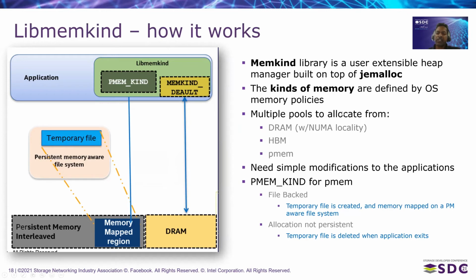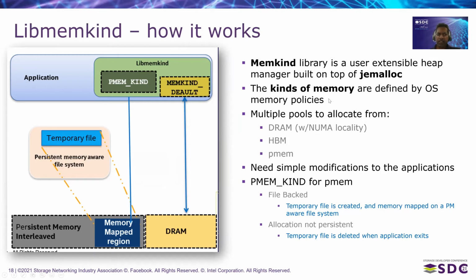And different 2LM types are actually called kinds of memory in libmemkind. So you may have a capacity oriented, you may have a latency oriented, you have a storage class memory, right? You have CXL attached memory. They're all different kinds of memory.